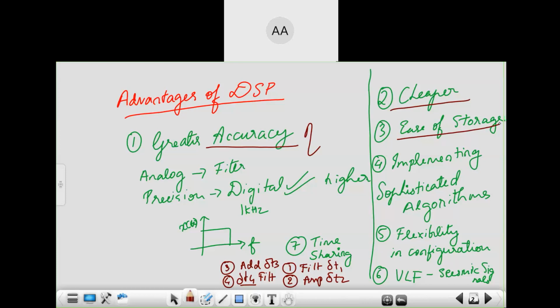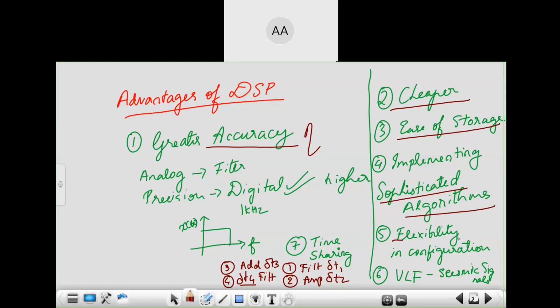Python is the most widely used language for artificial intelligence and machine learning today. So even for very complicated algorithms, because of its digital nature and the way it handles signals, it's very useful to use DSP processors.